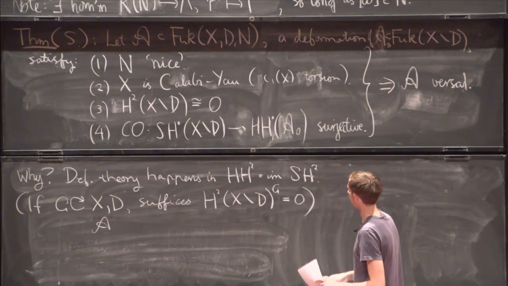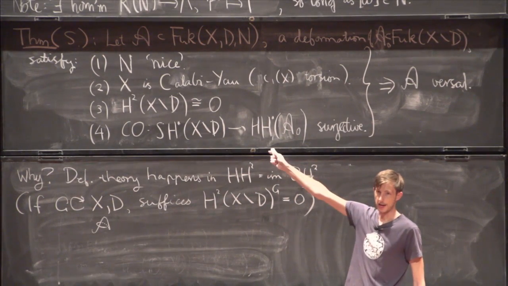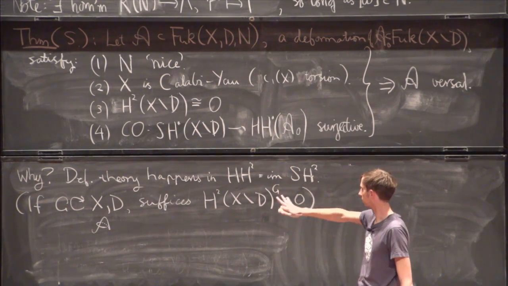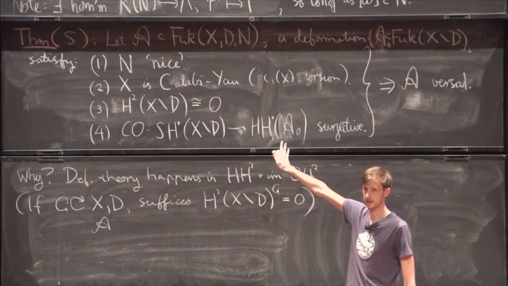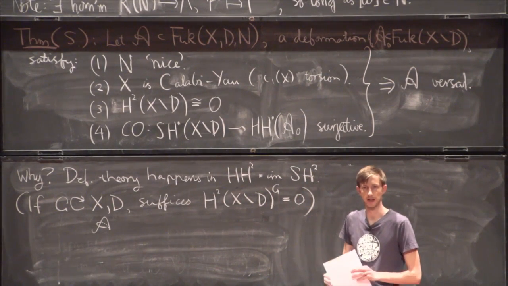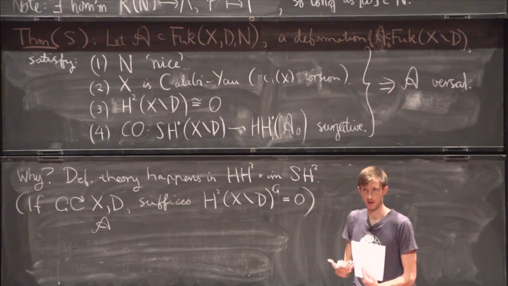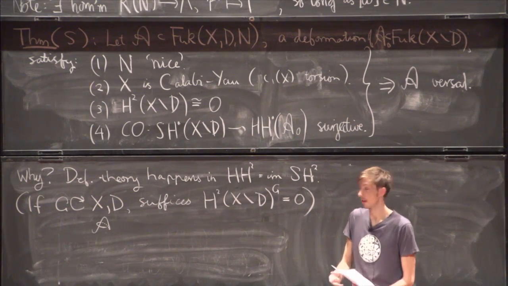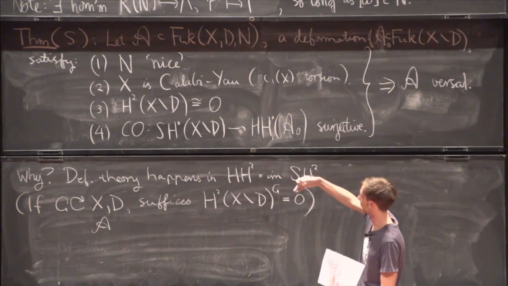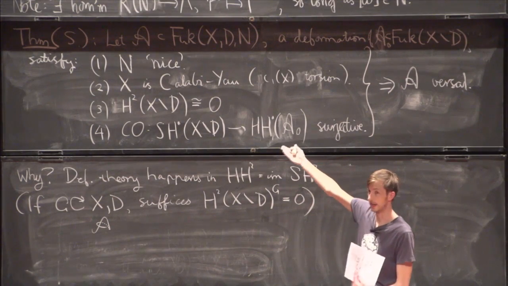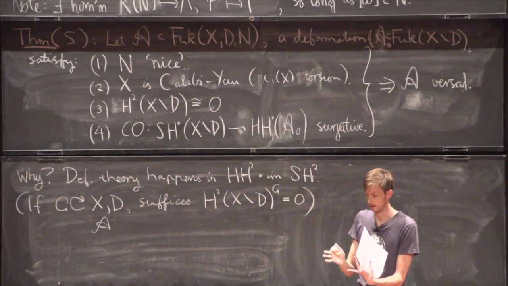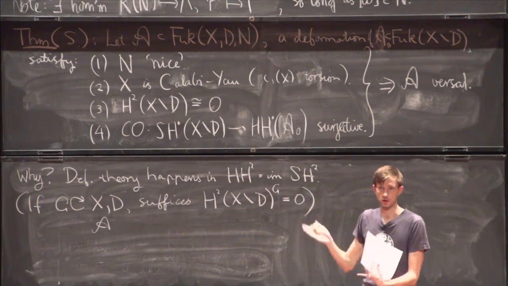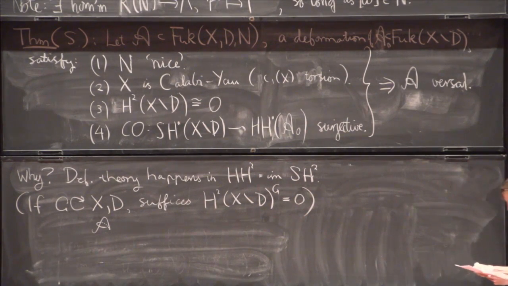Final note, since we require N to be nice, somehow the result of this theorem only tells us information about the Fukaya category of X equipped with a nice, relative Kähler form whose cohomology class lies in a nice cone. And this is potentially a restriction on the applicability of this theorem.